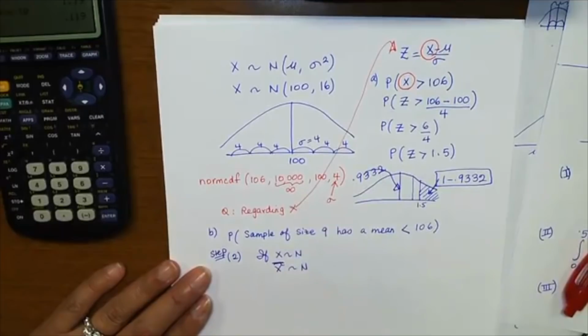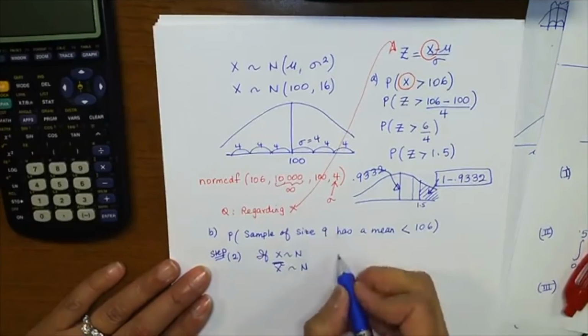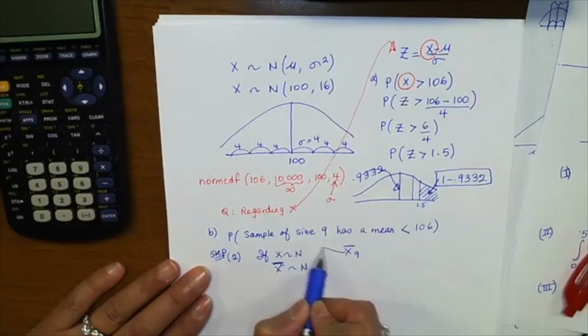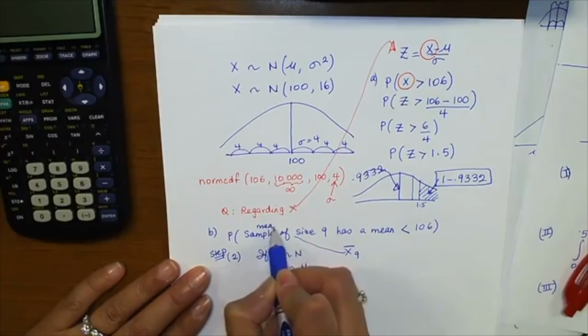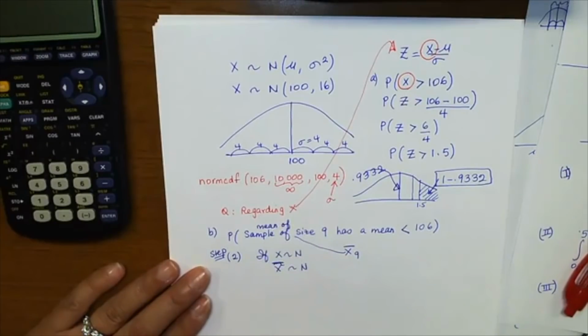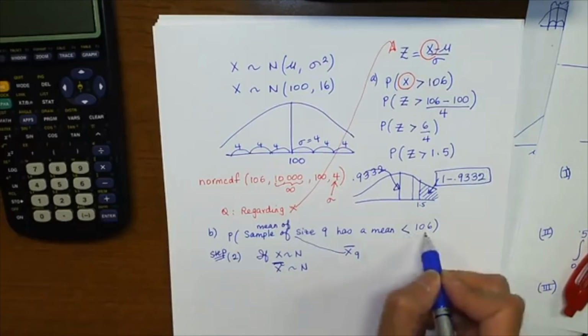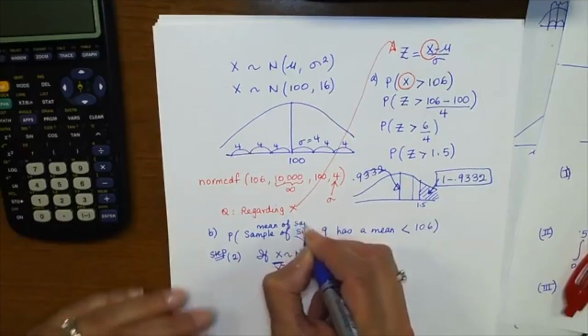So x bar 9, because it's saying a sample. It needs to say the mean of a sample of size 9. Oh, I said mean right here. Okay, is less than 106.